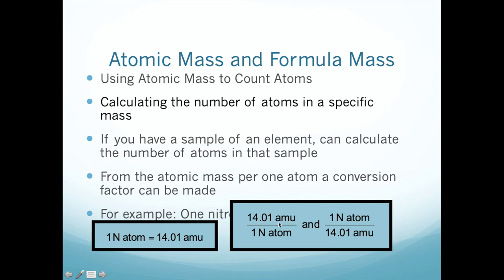It's the same as saying there's 14.01 atomic mass units per nitrogen atom, or there's one nitrogen atom per 14.01 atomic mass units. So if we're trying to convert between numbers of nitrogen atoms and the mass in AMU, we would use one of these two conversion factors to do that.